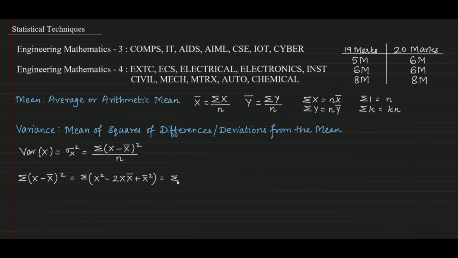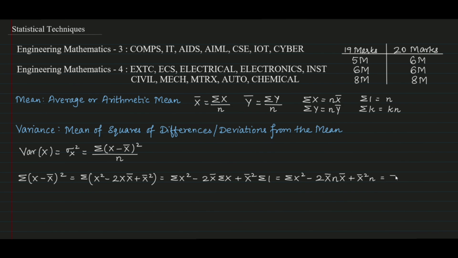So this will be summation of x square. We'll take the constant outside, minus 2 x bar times summation x plus x bar square, and it will be summation of 1. So let's substitute the values we know. Summation of x square minus 2 x bar times summation of x is n x bar plus x bar square. Summation of 1 is n.